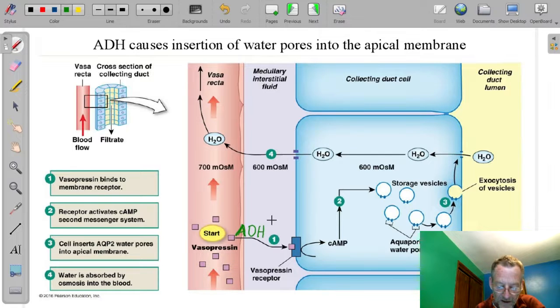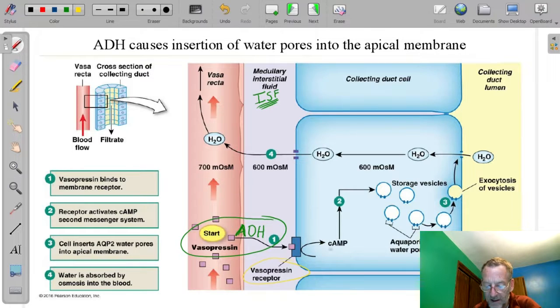This figure uses the term vasopressin, but ADH is coming through the blood. It goes into the interstitial fluid and contacts these cells in the collecting duct. All hormones out of the pituitary are protein hormones, so they have an extracellular receptor. That's just shown in the picture.